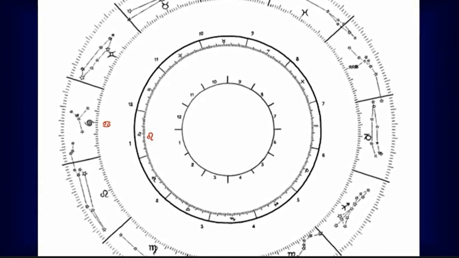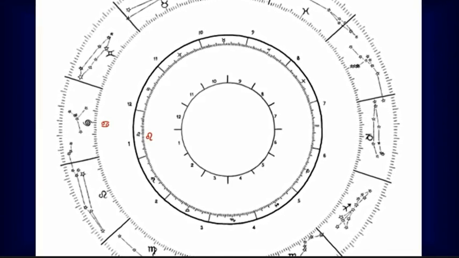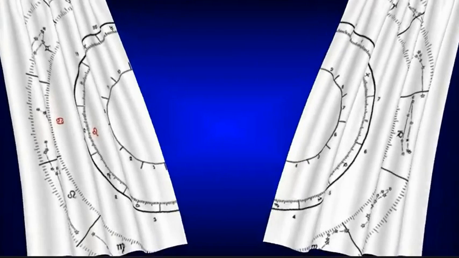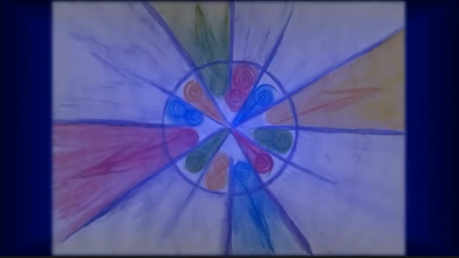Alright, so let's have a look further. If we take the veil away, we can see that these 12 sections are divided in 4 colors and 3 different kinds of directions. They are the 4 elements and the 3 modes.